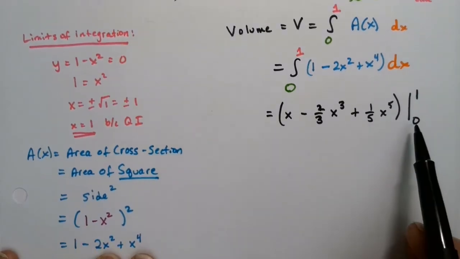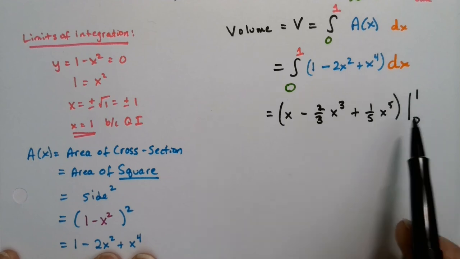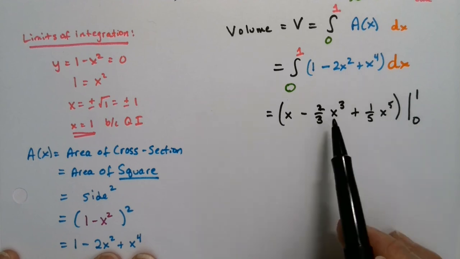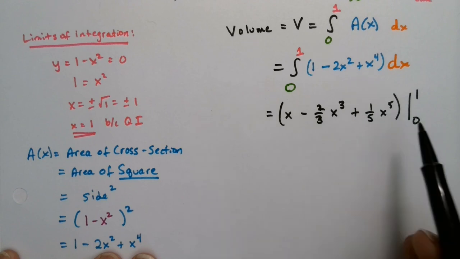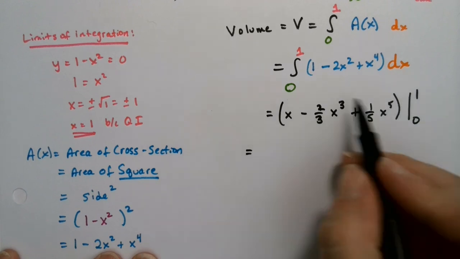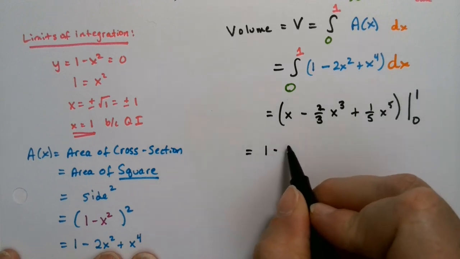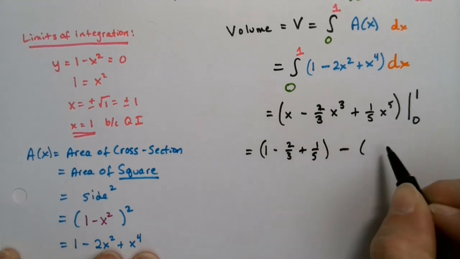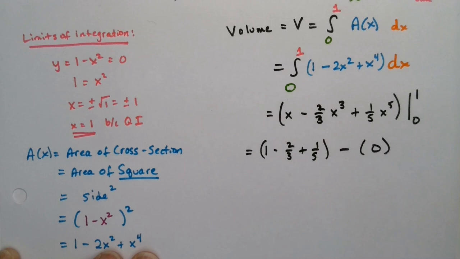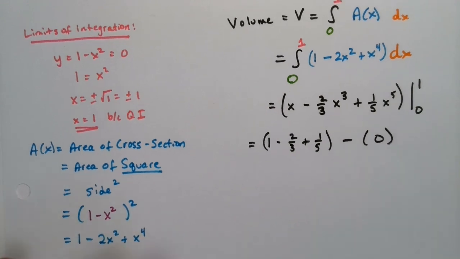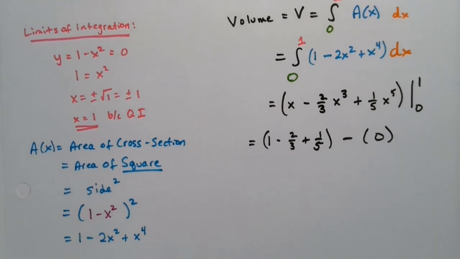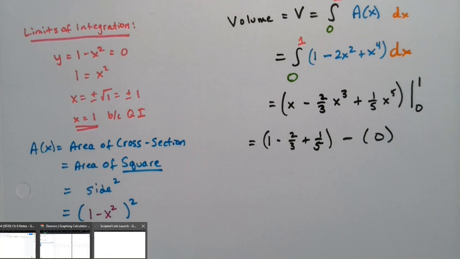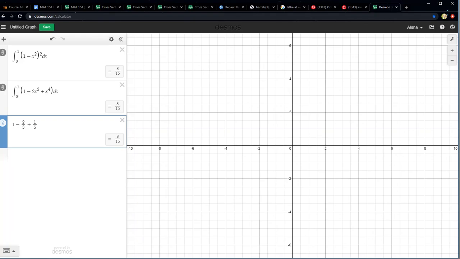With polynomials, the 0 is not going to matter because 0, 0, 0 makes 0. So all I need is putting 1 in. That's 1 minus 2 thirds plus 1/5 minus 0, right? And that value, let's see here, love Desmos, is 8/15.